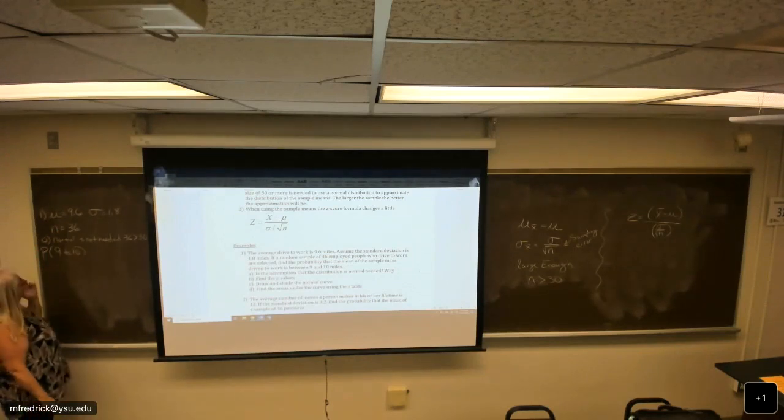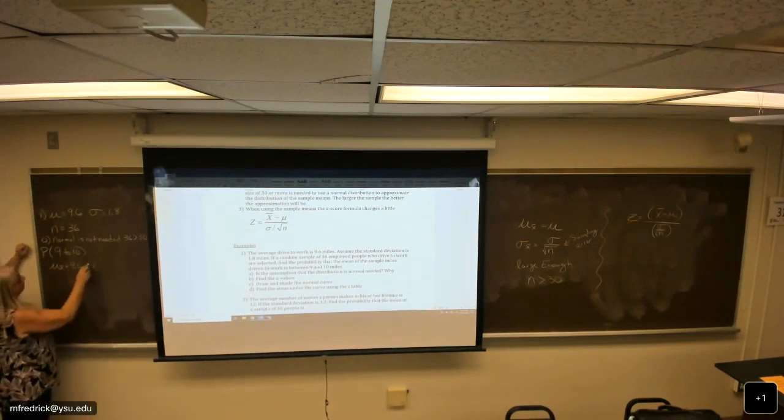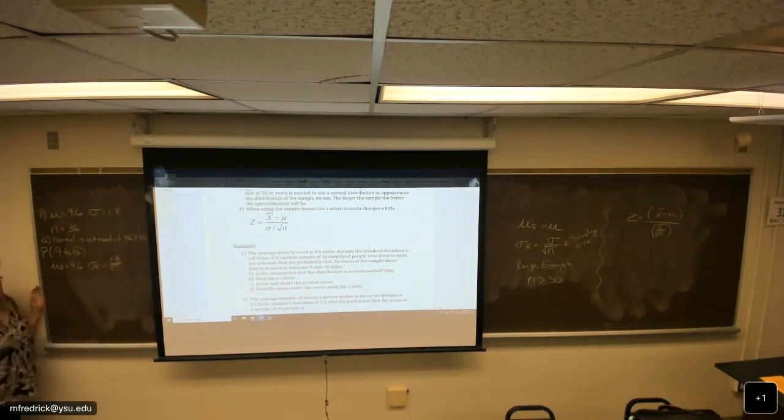Now to find the Z value, I would find this first. The population mean and the mean of the sample means are the same. The standard deviation is 1.8 divided by the square root of n.